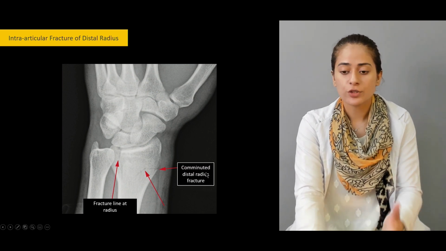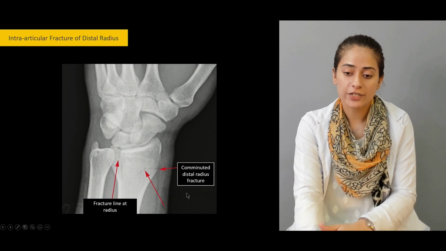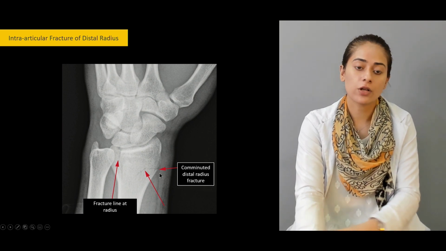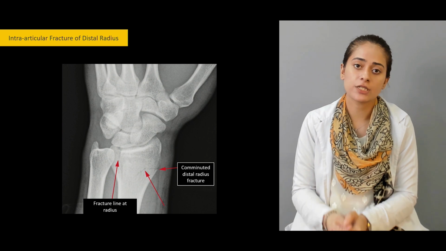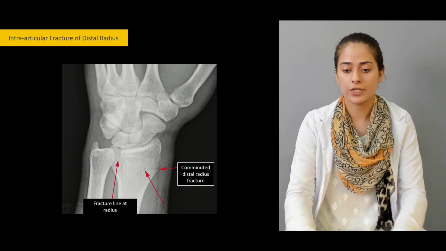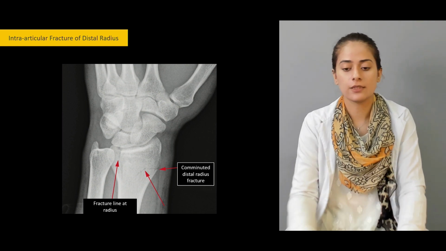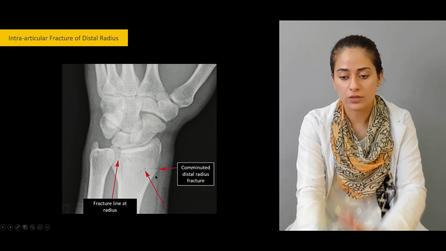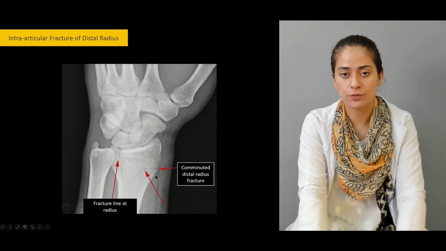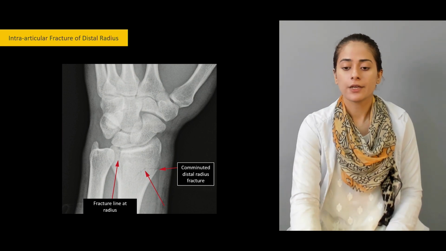So this is a comminuted distal radius fracture. Also, we can call it an extra-articular comminuted distal radius fracture. Distal radius because the proximal radius is in the elbow, and this is the distal radius that forms the wrist joint.